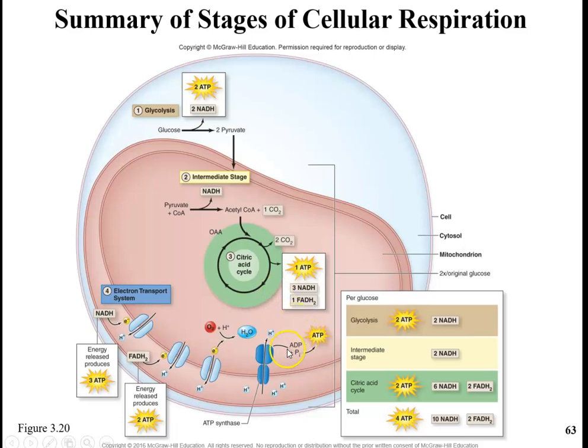And then showing here the electrons coming in to the complexes of the electron transport chain and producing ATP. And note that this is on the inner mitochondrial membrane, and the intermediate stage and the citric acid cycle are both in the matrix.